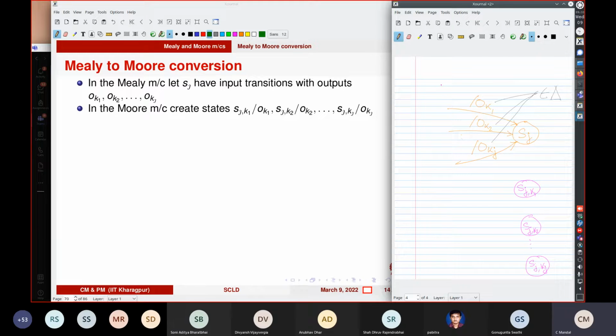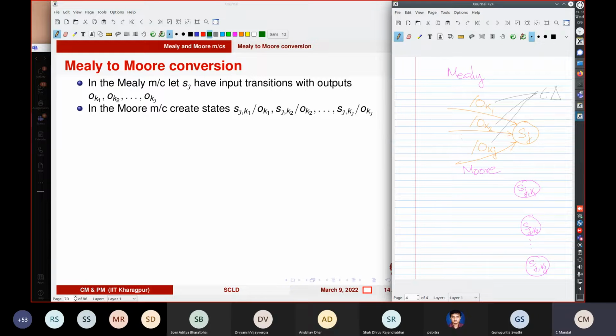So this one is Mealy, and this is Moore.